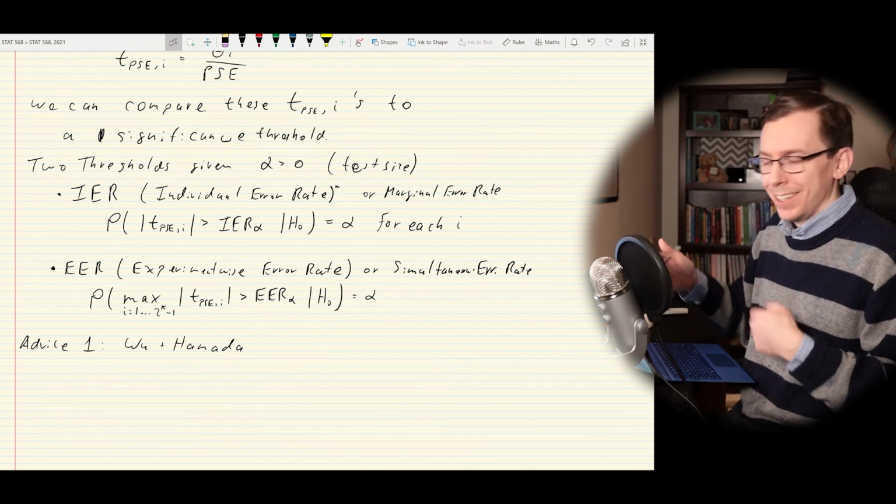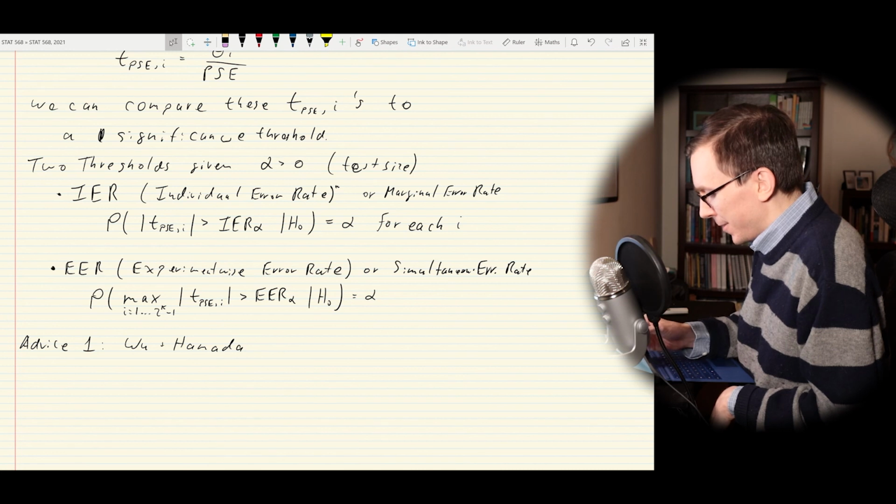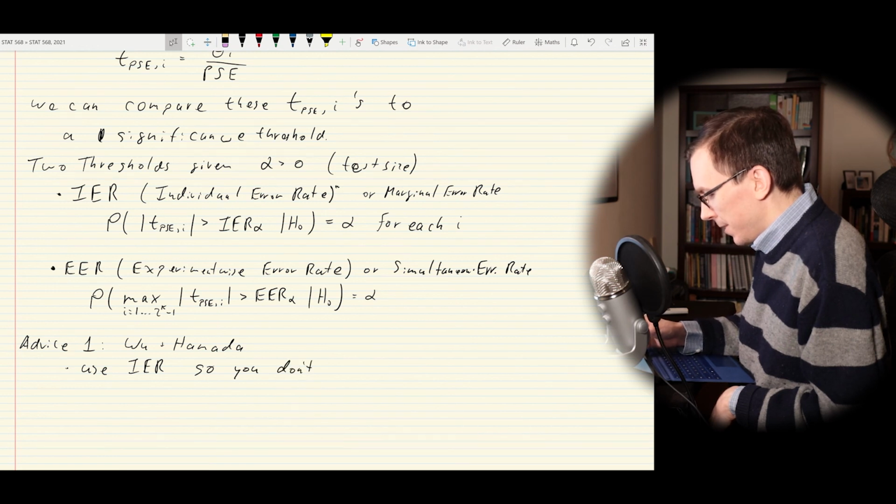So says those textbook authors. So their claim is use the IER so you don't get a false negative.